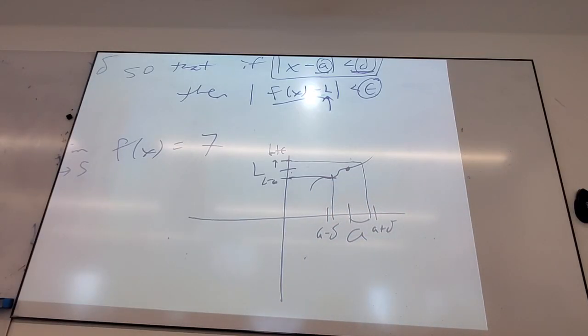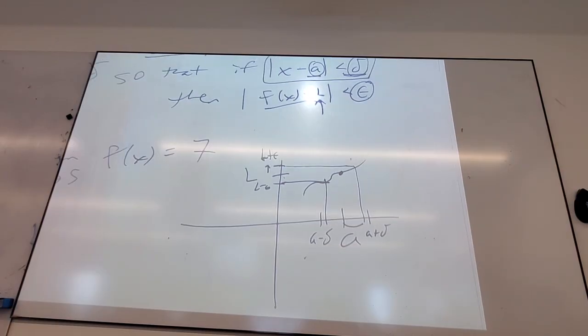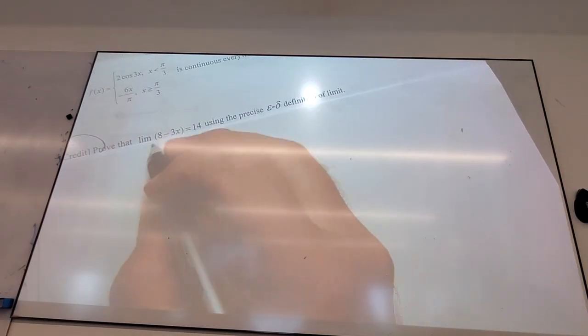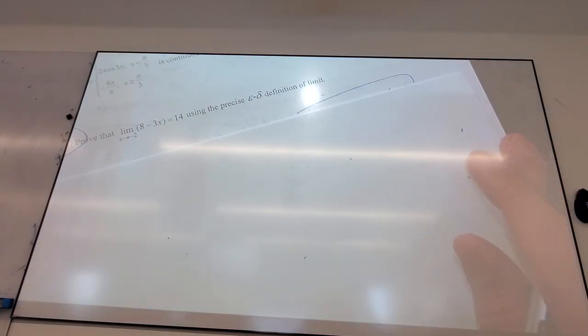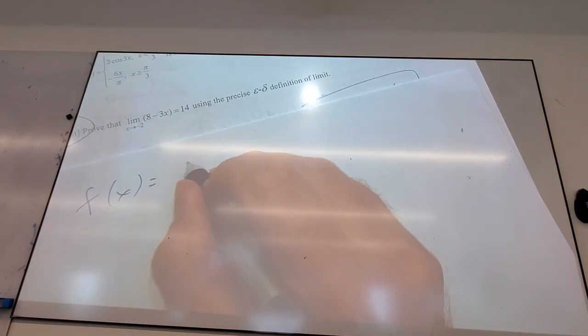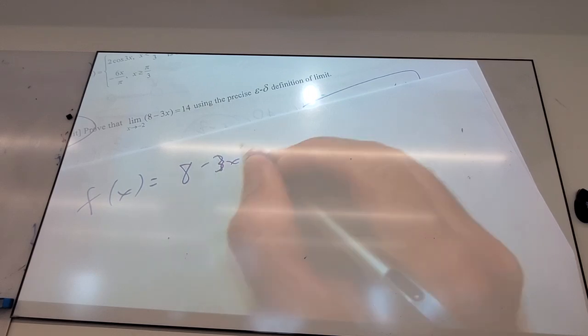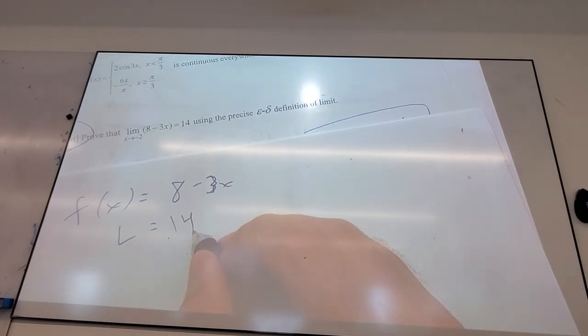Just to remind you guys, this is extra credit, but I appreciate that a lot of you are still here. So for us, in this problem, f of x is 8 minus 3x. What's L? 14. What's A? Negative 2, good.